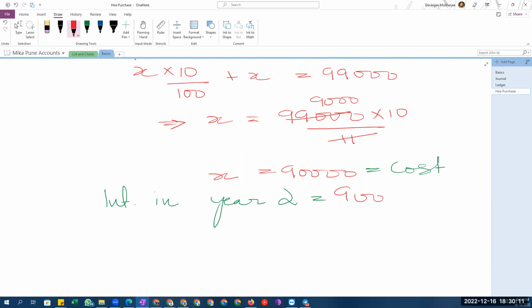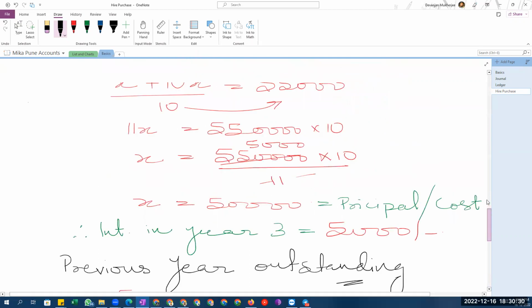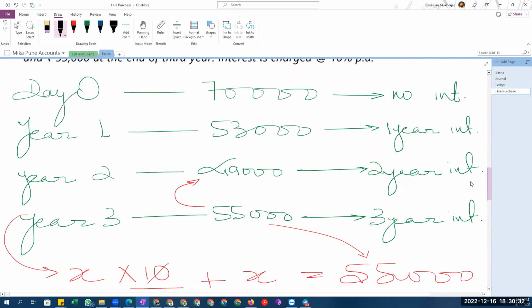Nice. Done. So now next part, again same, repeat the same process. Outstanding for the previous year. Do this part by yourself. What will we do now?